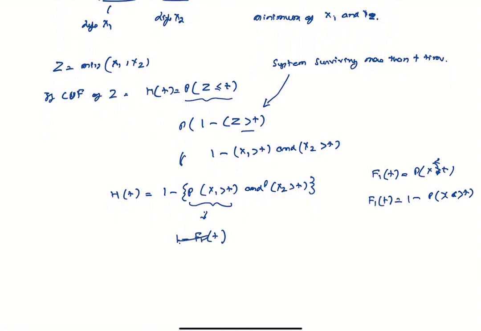The probability of x more than t, this whole thing is actually 1 minus f1 of t, and that's where things start getting very complicated.